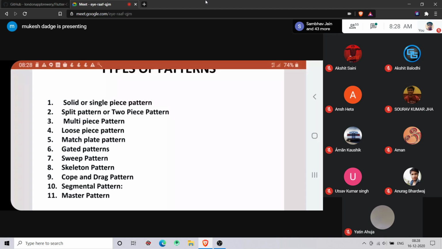So sweep pattern, gated pattern, these details you can get in any book. Gated pattern, skeleton pattern, cope and drag pattern, segmental and master pattern.